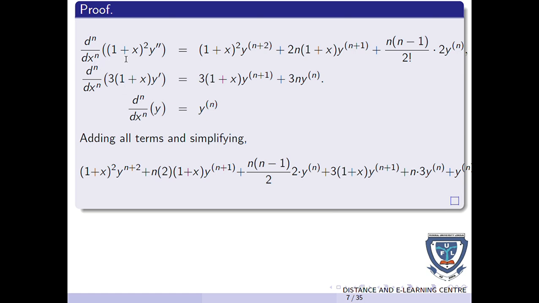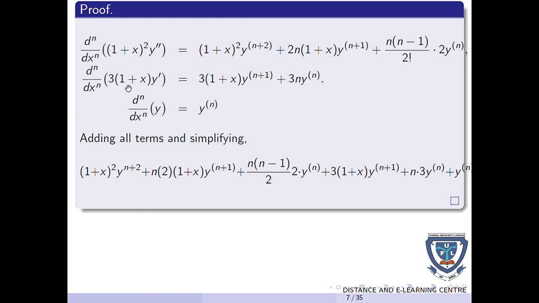Applying the Leibniz theorem component wise, that is component by component, you are going to have that d^n/dx^n of (1 plus x)^2 y prime prime will be equal to (1 plus x)^2 y^(n+2) plus 2n in bracket (1 plus x) y^(n+1) plus n in bracket (n minus 1) over 2 times 2y^n.